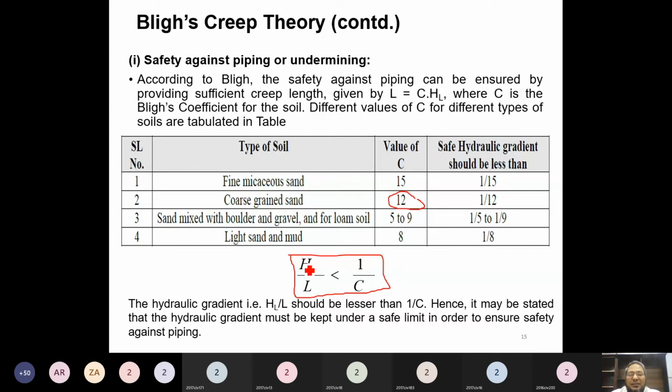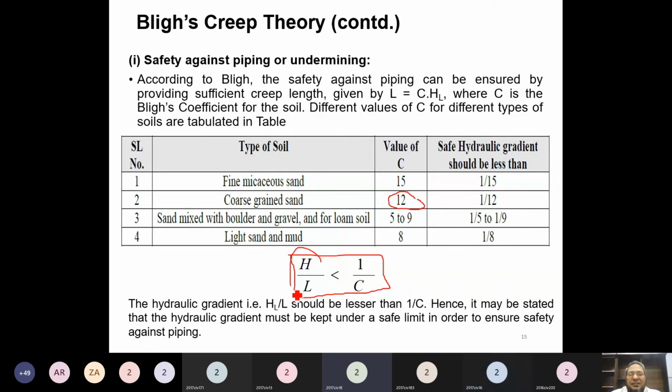And what happened is that this H/L was greater than 1/C. Would the barrage be safe against piping? No sir. Then how can we make it safe? Sir, we can increase the creep length, or we can increase the head.